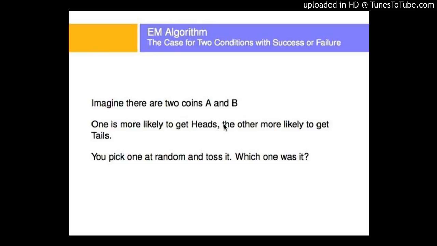For the first coin, I'm going to use this formula: the number of heads divided by the number of heads plus tails. So for coin A, I will add 21.3 plus 8.6, and that goes in the bottom of the fraction. That is basically 29.9.